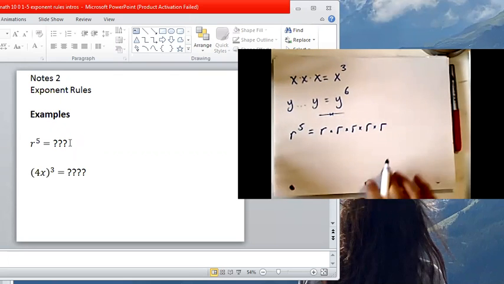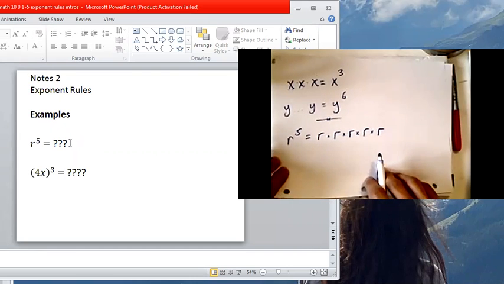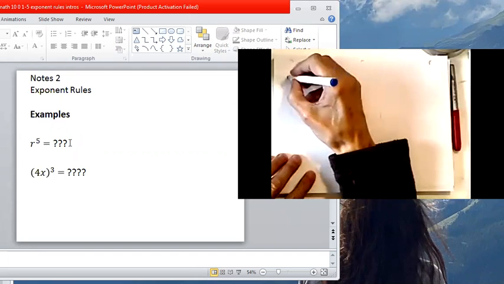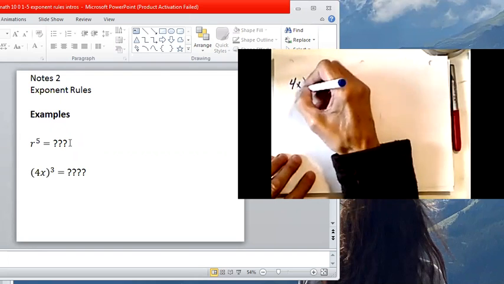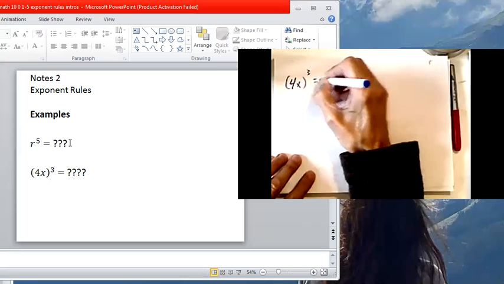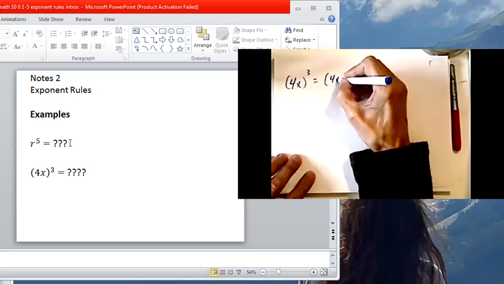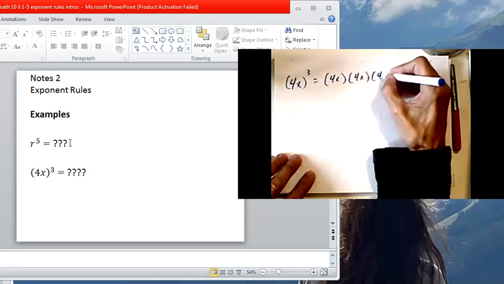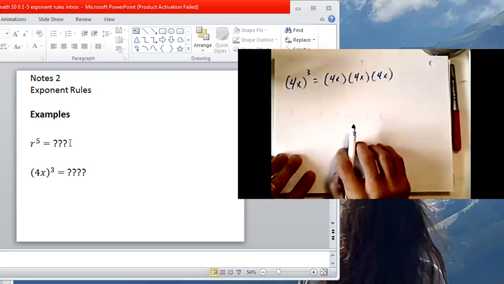But for the next one, now we start getting a little bit fancier. Let's watch this. If we have 4x to the power 3, it means we have 3 4x's all multiplied together.